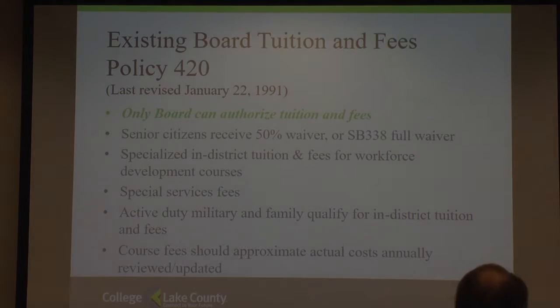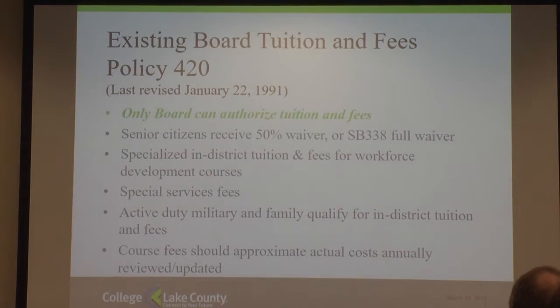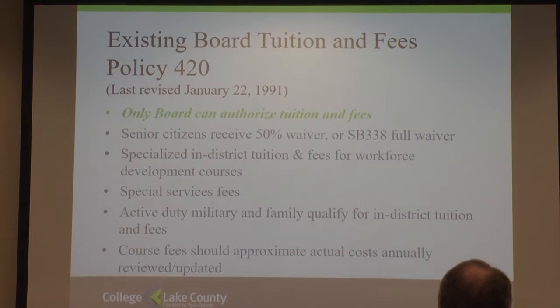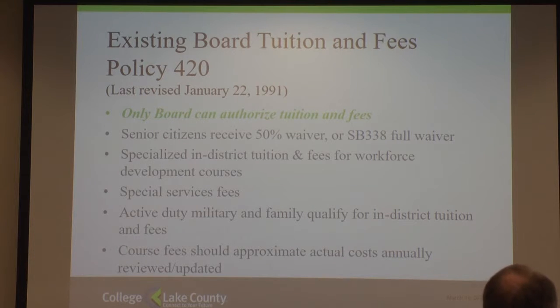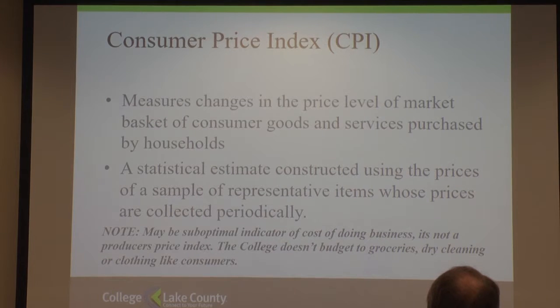When we look at board policy 420, our current board policy on tuition and fees, it really just establishes the fact that the board is authorized to set tuition and fees and doesn't provide any other guidance beyond that. So our practice has been to come to the board each year with a per credit hour tuition request. We discuss it, the board makes a decision, and we go forward.